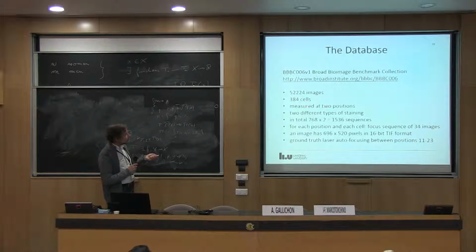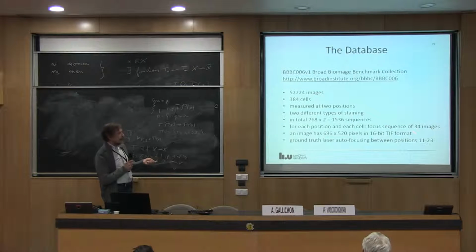Each cell is measured at 2 positions, and every position has 2 different types of stainings. So in all, you have 2 times 768 sequences. And for each sequence, you have 34 images. The images are in 16-bit TIFF format.